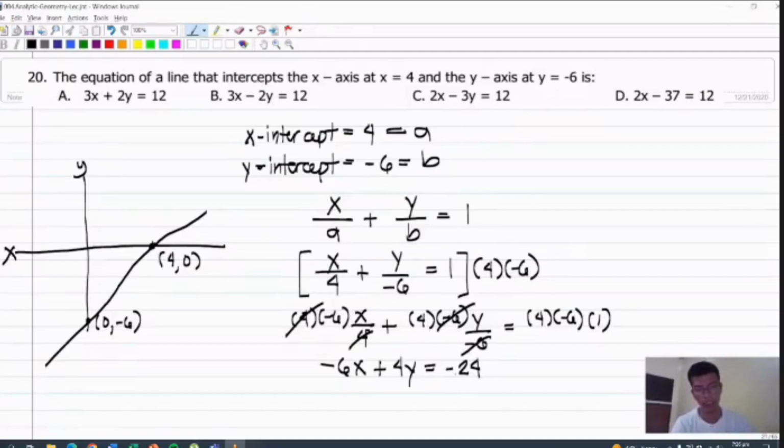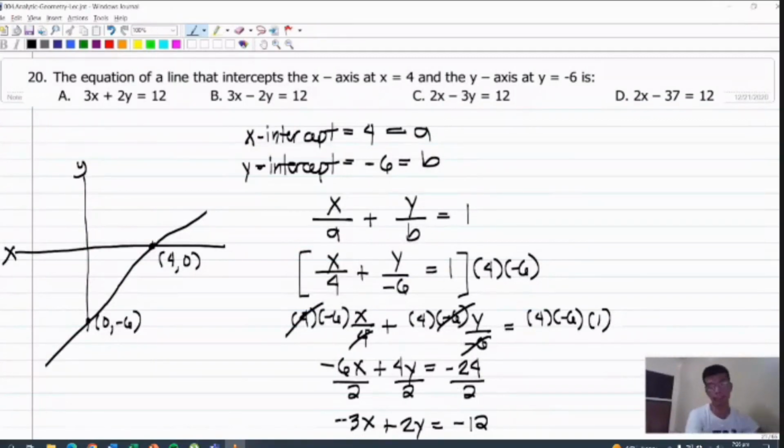And kung mapapansin natin, they are all divisible by 2. So, pwede pa natin i-divide lahat by 2. Basta kapag lahat sila ay pwedeng i-divide by a certain number, gawin nyo yan. So, ang matitira dito is negative 3x plus 2y and equal to negative 12.